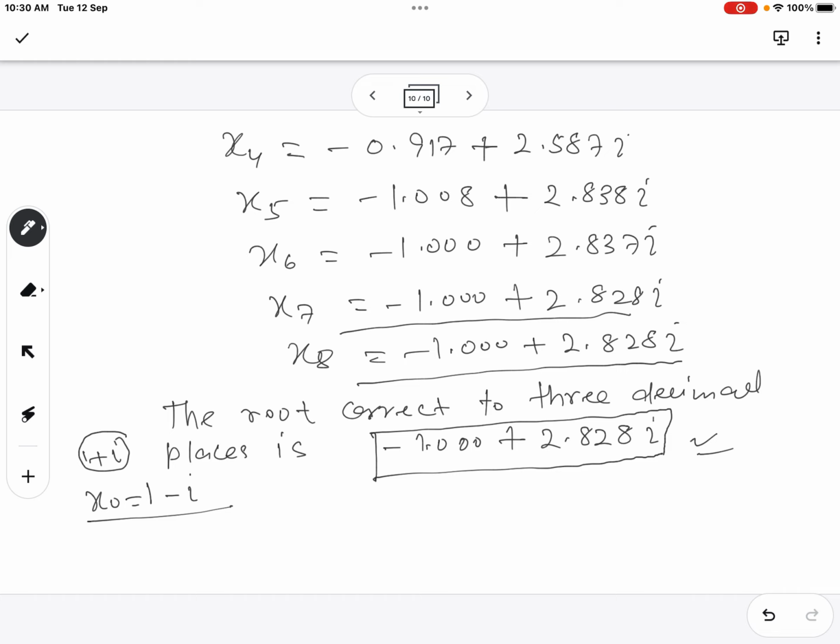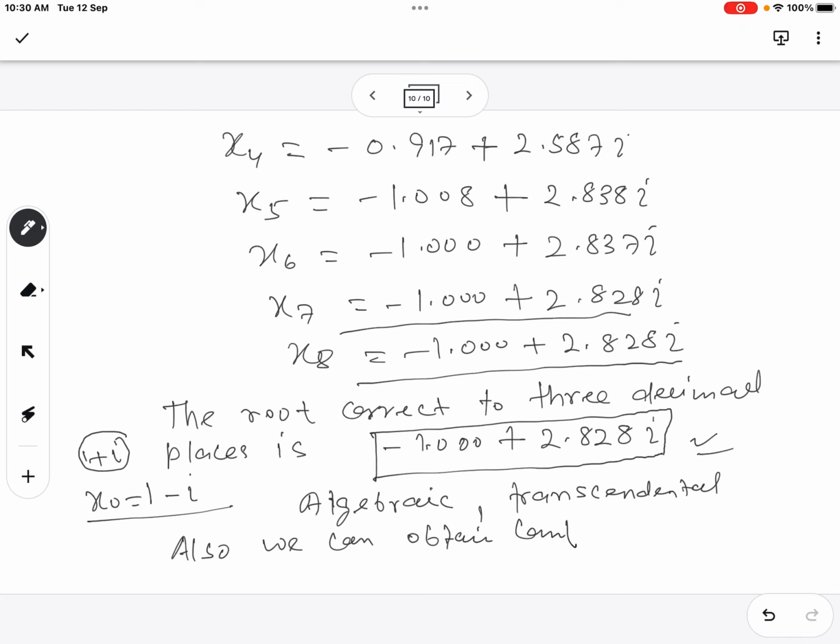Using the Newton-Raphson method, we can find roots of algebraic equations, roots of transcendental equations also, and we can obtain complex roots the way we have obtained in the above example. Hope you have understood the Newton-Raphson method properly.